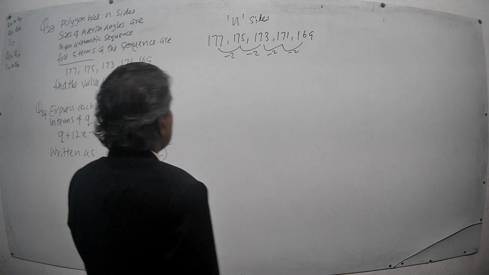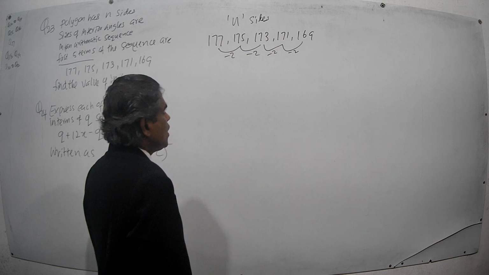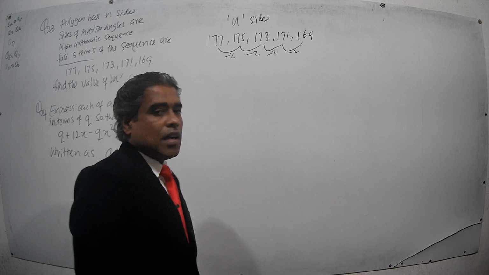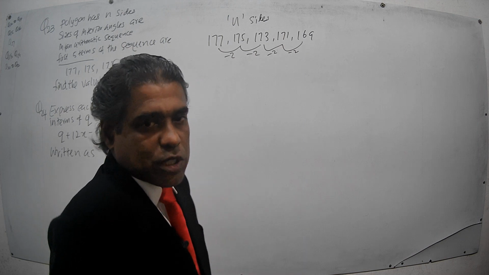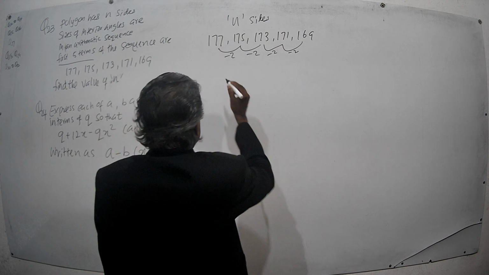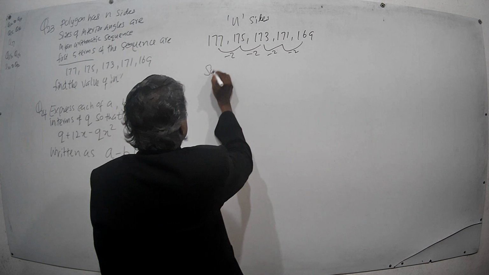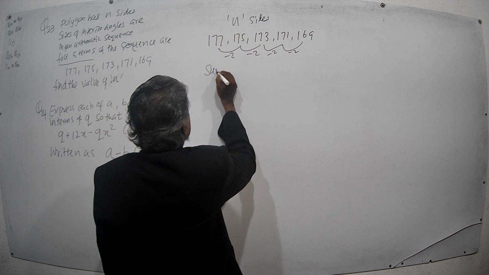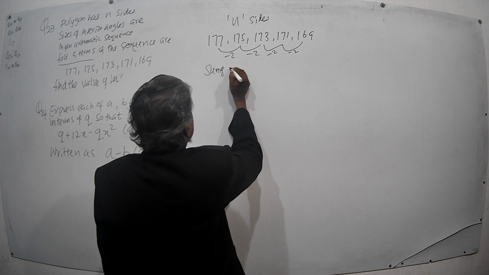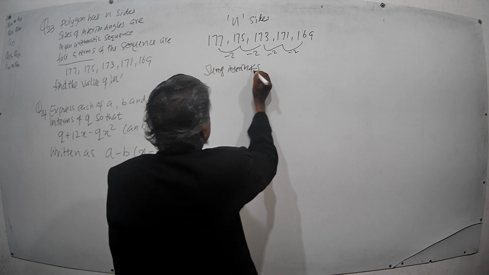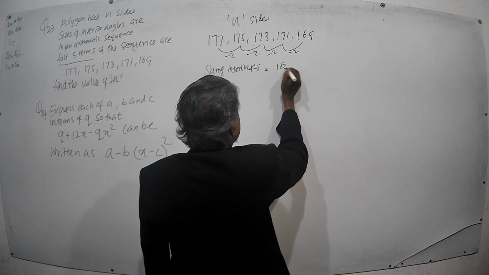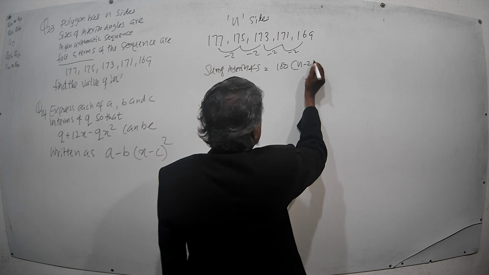Now here we have a particular formula for finding the sum of interior angles of any polygon. The sum of interior angles equals 180 times (n minus 2).